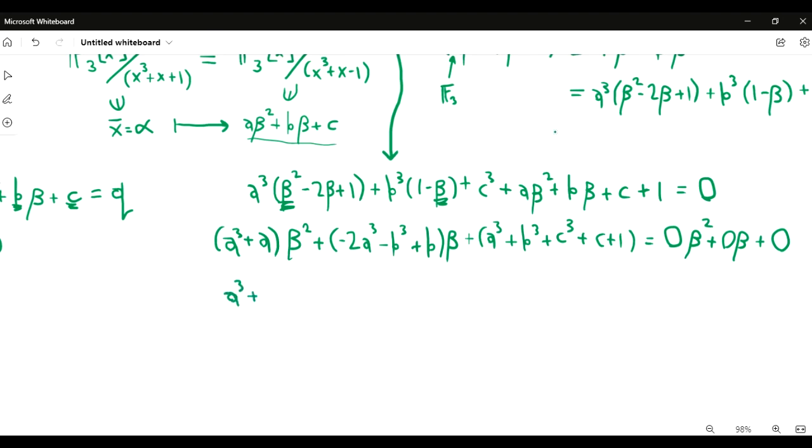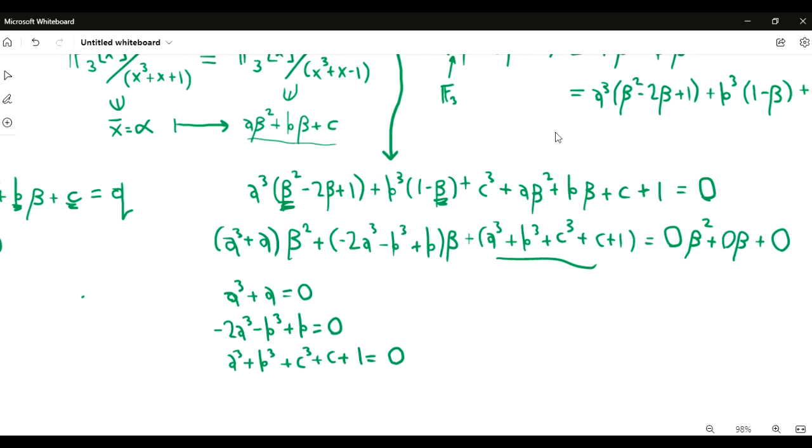I know that this coefficient, a to the third plus a, is 0. I know that this expression here, negative 2a to the third minus b to the third plus b, is 0. And then I know that this entire expression here is 0. So just write that down. I have these three equations, all equal to 0.